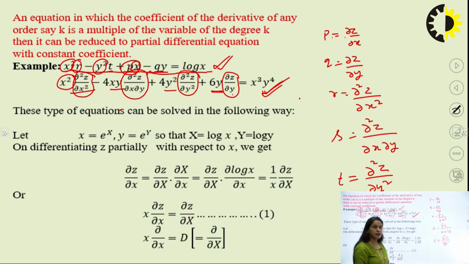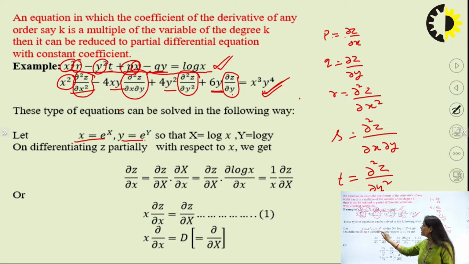Now the question arises, how to solve these kind of equations. So what do we do? We take small x equal to e to the power capital X, and small y equal to e to the power capital Y. So if small x is equal to e to the power capital X, obviously capital X will be equal to log x and capital Y will be equal to log y.